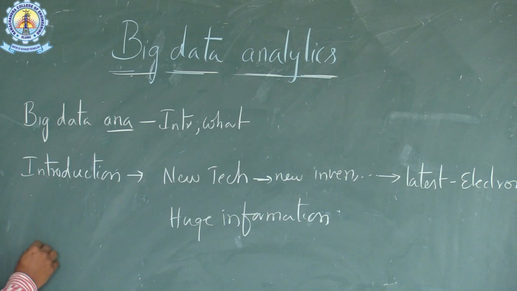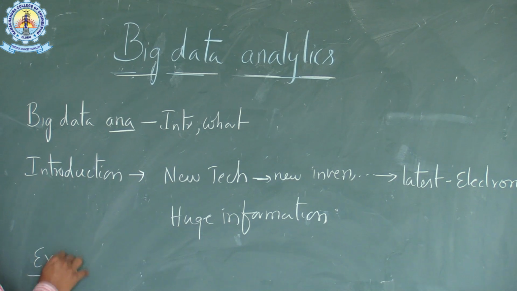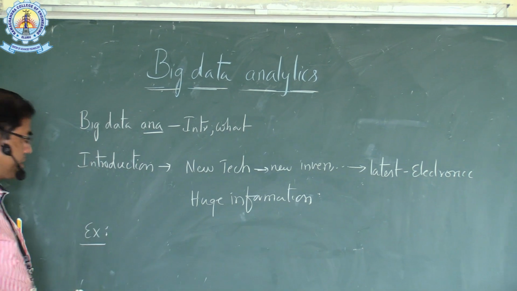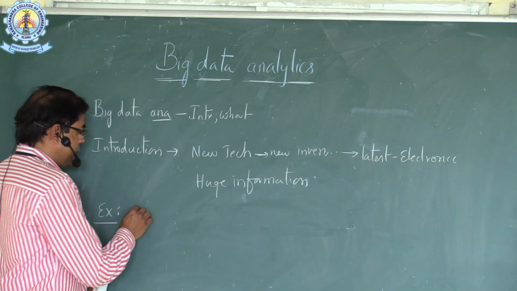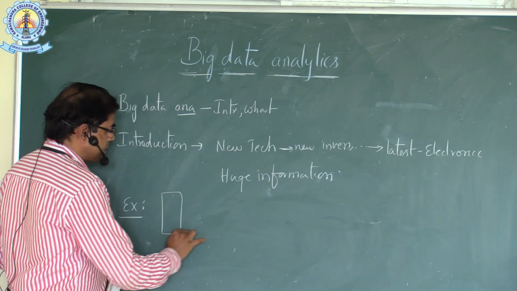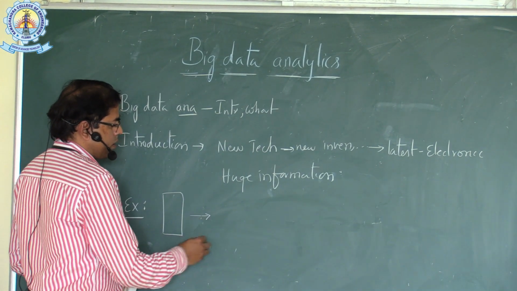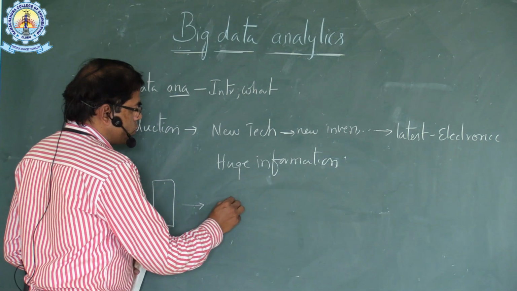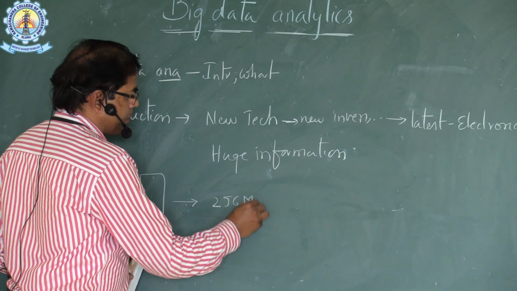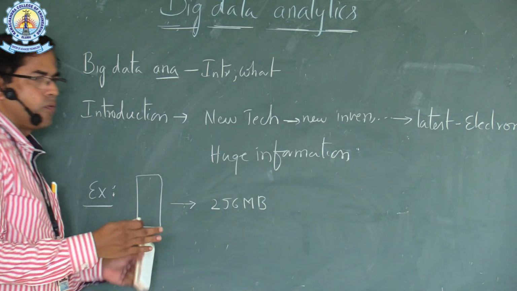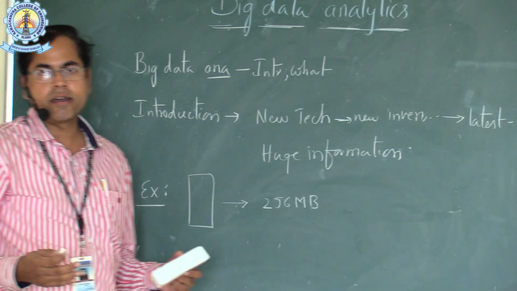Let us take a simple example of a mobile device. In earlier days, in my mobile device, I used to store only 256 MB of information. That means going back 10 or 15 years.